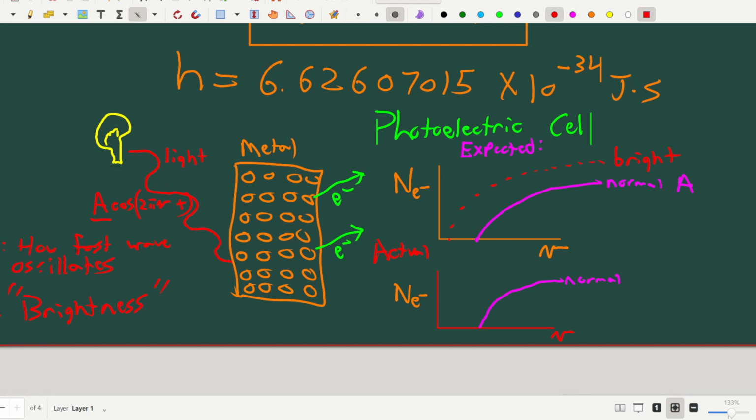But when you turn the brightness up, you don't actually see the intercept on the x-axis go to less frequency, but rather it starts at the same frequency. Now, because the light is brighter, you get more electrons out, but the frequency that's required to start ionizing the material, start kicking electrons off, never changes.